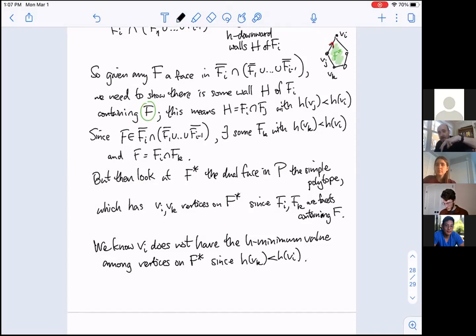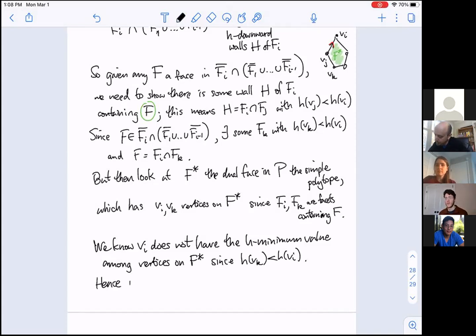So that means it actually has to have some down degree on F star, right? It is not the unique source in F star. It actually has to have something that makes H go down.